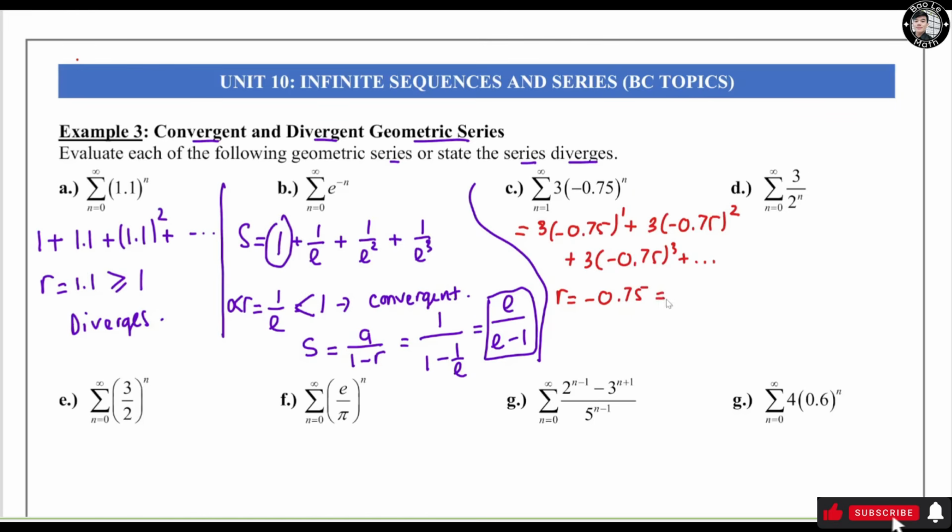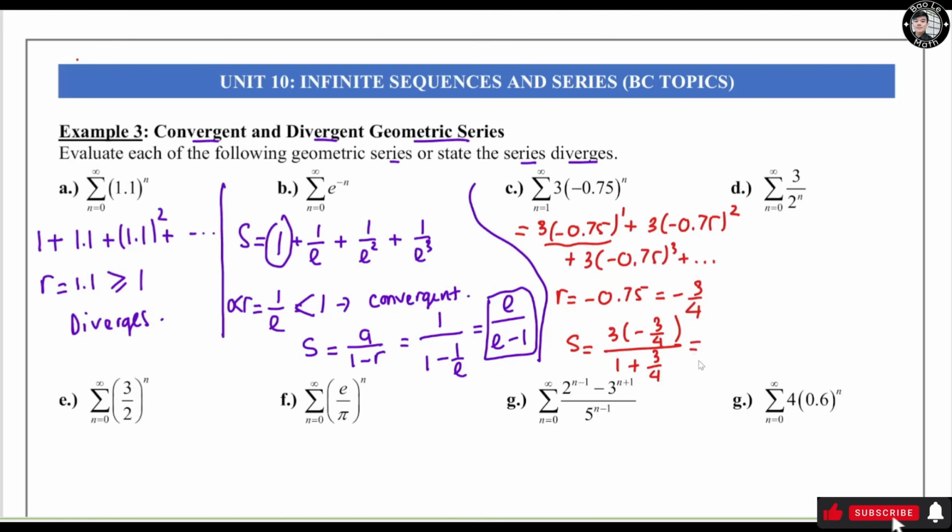So I convert this one to an improper fraction. It's going to be -3 over 4. So then the sum, the first term is right here, so I have 3 times -3 over 4, over 1 minus the common ratio. The common ratio is -3 over 4, so it becomes plus 3 over 4.